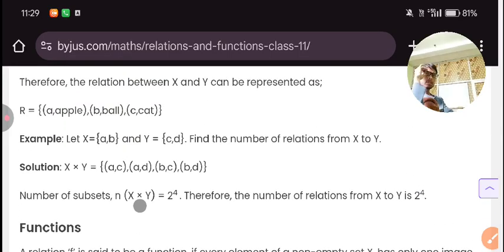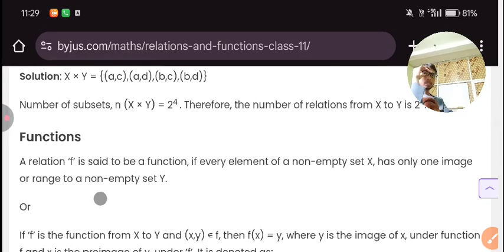Let's see what is a function. There is a connection of a relation with a function. A relation f is said to be a function. We can convert a relation into a function. Let's see.